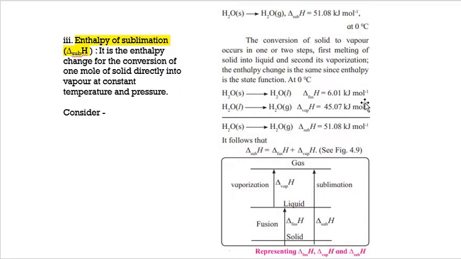And on adding these two values, we will get delta sub H equal to 51.08 kilojoule per mole. Here it is representing delta sub H is equal to delta fuse H plus delta Vap H, and the summation of these two will give delta sub H.